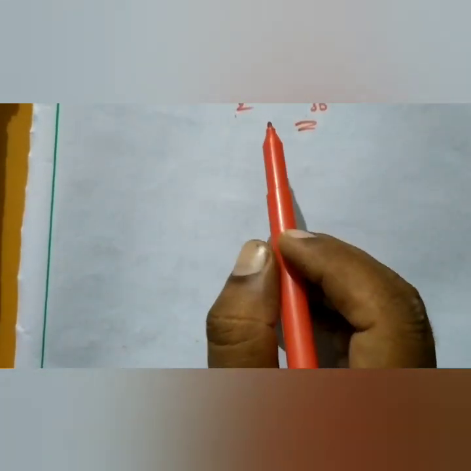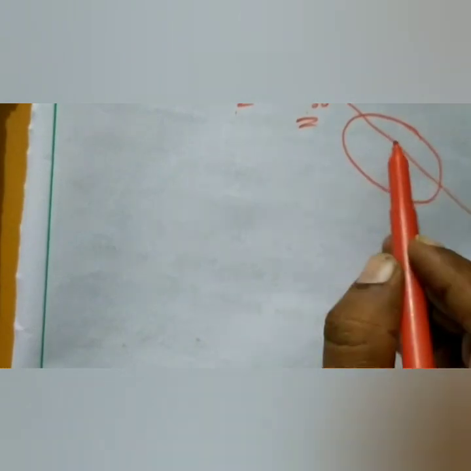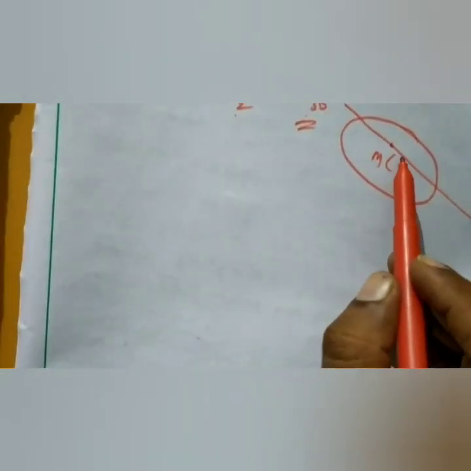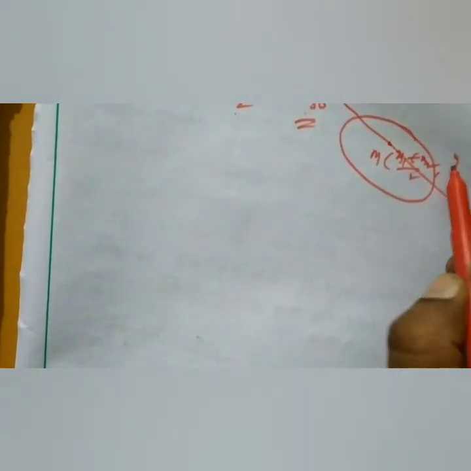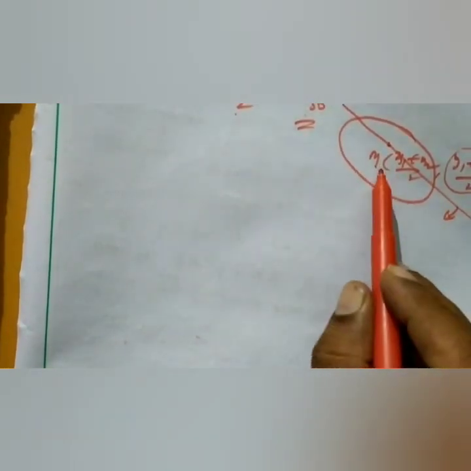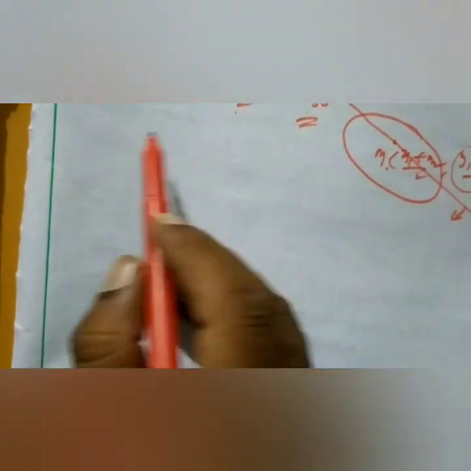Put this value as it is. The midpoint M is ((x1 plus x2) by 2, (y1 plus y2) by 2). We already have (x1 plus x2) by 2, and we need (y1 plus y2) by 2. To find the y coordinate, since the midpoint satisfies the line equation, we put the x value in the line equation.